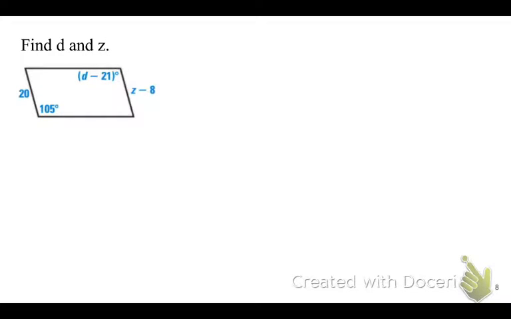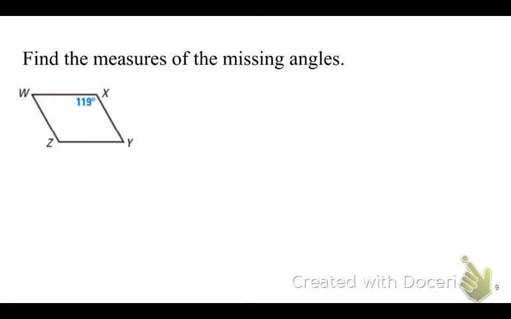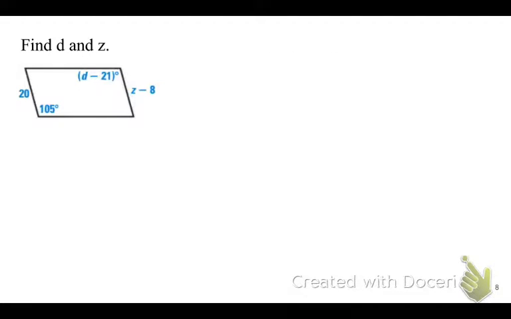Okay, in this problem, we're finding D. We're going to find D and we're going to find Z. So here's my D. And D is part of this angle here, and the angle opposite is equal to 105.